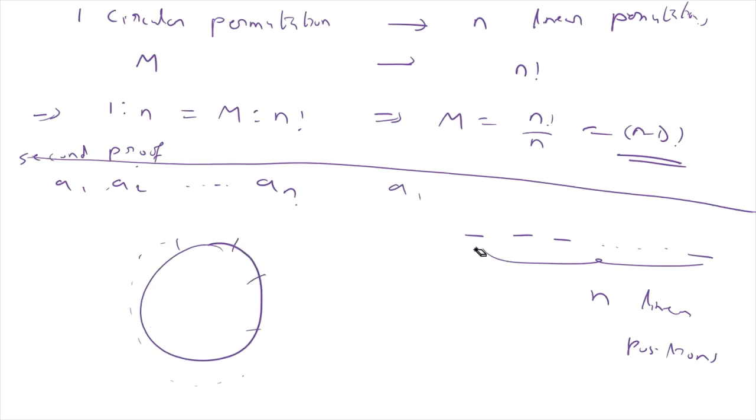Here we have the notion of starting and ending. If A1 is placed here, then I can say that A1 is in the starting position. If A1 is placed here, then I can say that A1 is in the second position. If A1 is placed here, then I can say that A1 is in the last position. But if A1 is here, I can still say that A1 is in the first position.